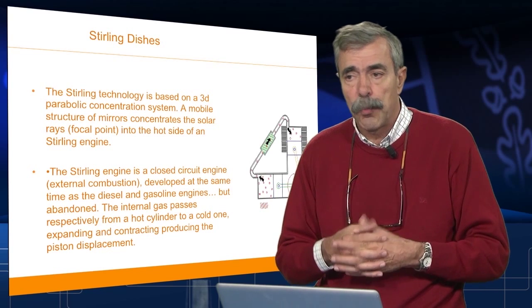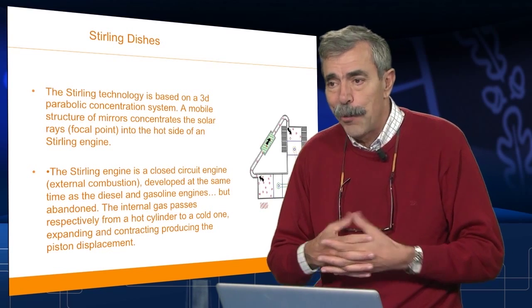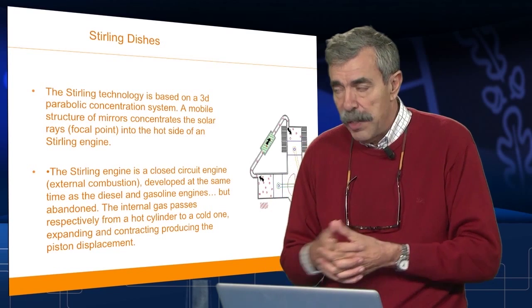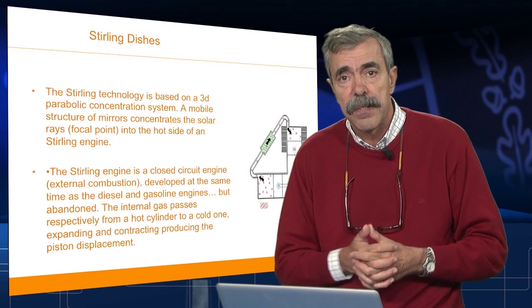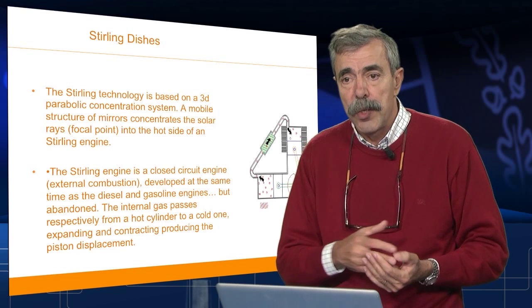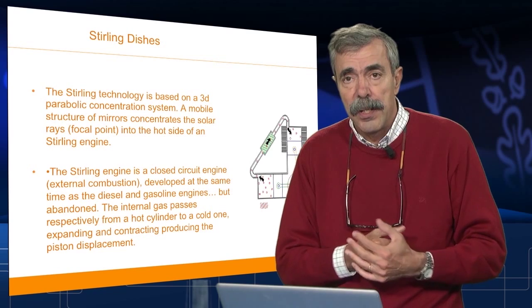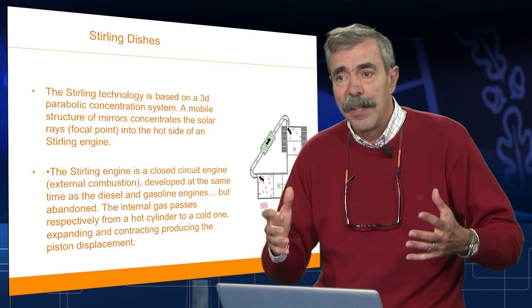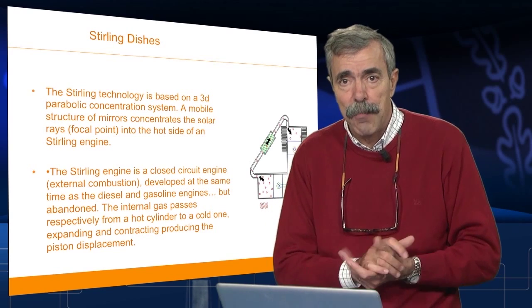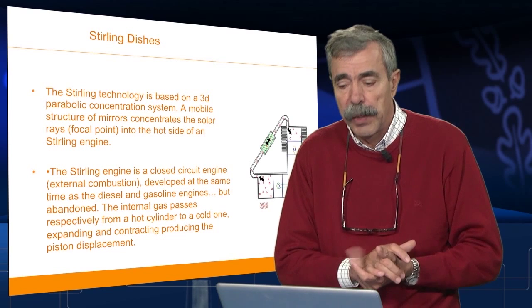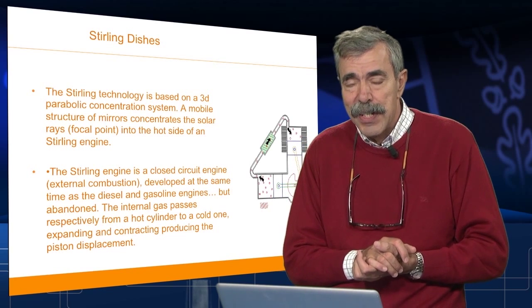The automotive industry and the aeronautic industry have been using millions of diesel or gasoline engines, and in total maybe only 60 or 100 Stirling motors have been constructed for very specific applications. But it's a very interesting engine.